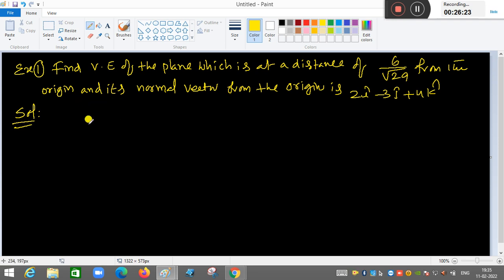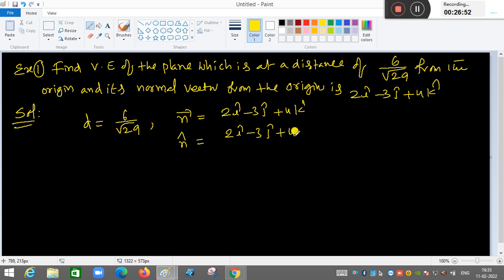Okay, this is d equal to 6 by root of 29, and the normal vector n bar is not a unit vector. The normal vector is given as 2i minus 3j plus 4k. Now you find n cap. How to find it?